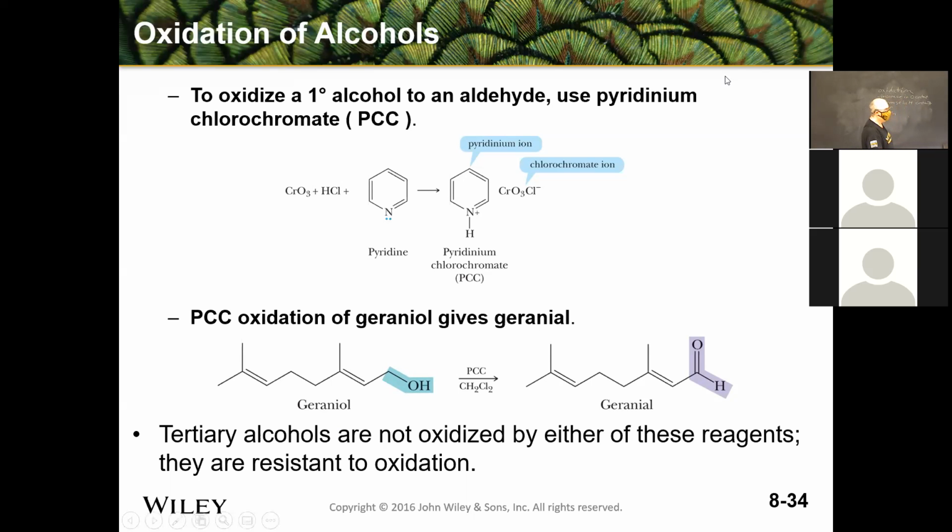This is the formula for PCC, and this is done in the absence of water. We use something like dichloromethane as our solvent. This allows us to stop at the aldehyde.